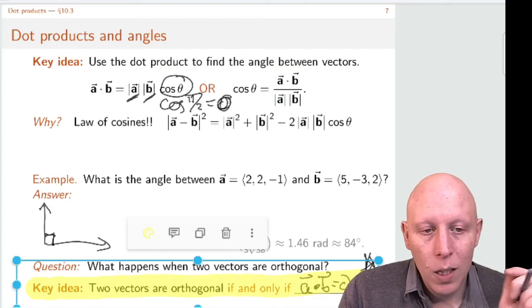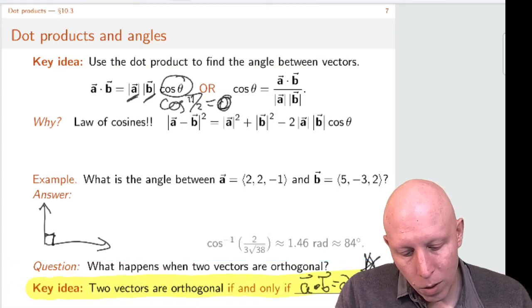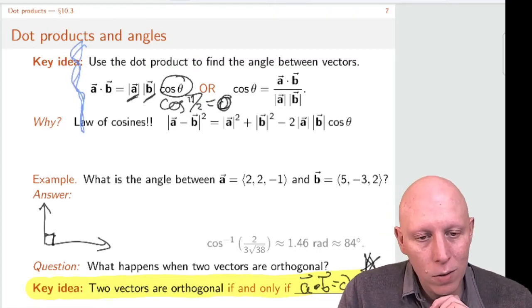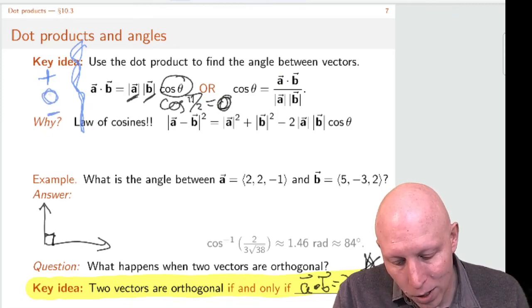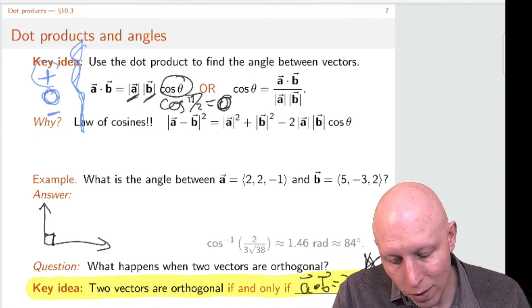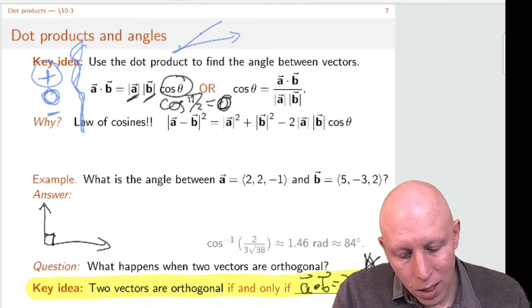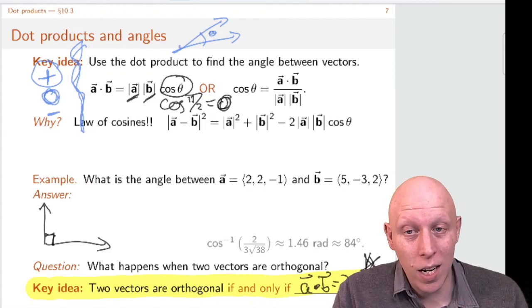All right, so when you take the dot product of two vectors, you're either going to get a positive value, a zero value, or a negative value. If the value is positive, then the angle between them is between 0 and 90.